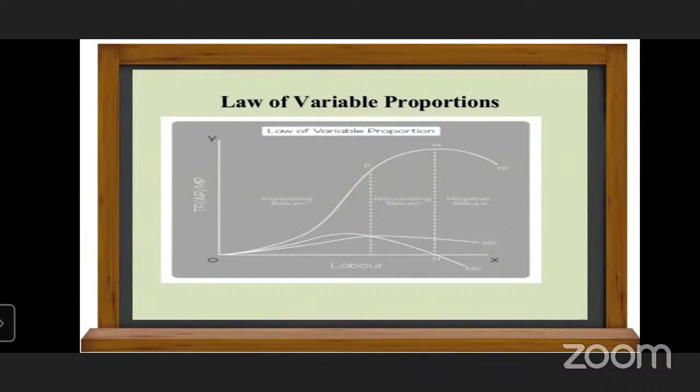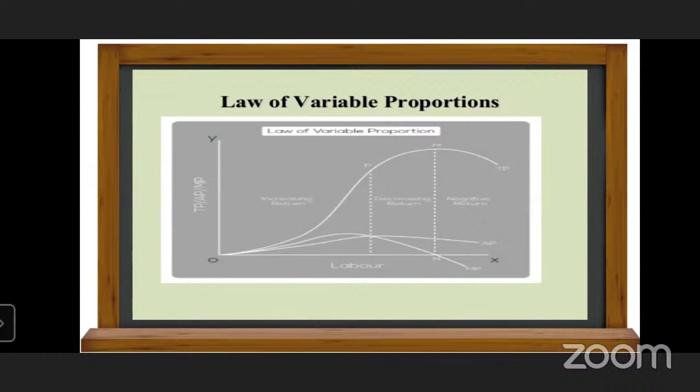They may ask this, and one more. When MPP is increasing, it is always greater than APP. They always ask this. Next question: when MPP is decreasing, is it always greater than APP? No, that is not the point, because even in the first stage, when MPP is decreasing, till the end of the first stage, MPP is more than APP.